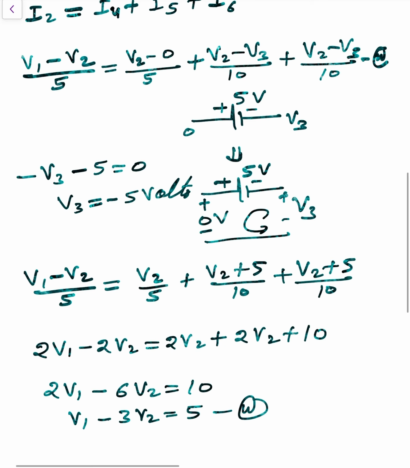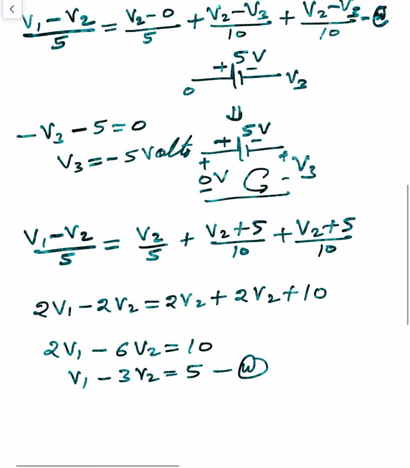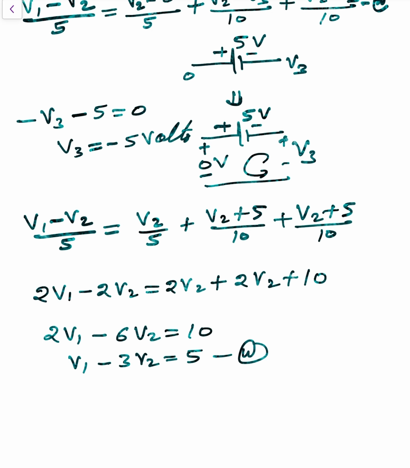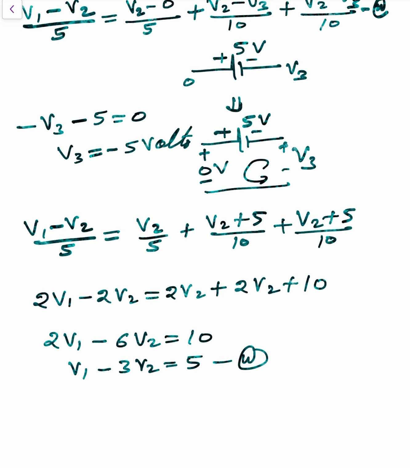So if you solve equation number 1 also, from V1 minus V2 divided by 5, this will be equal to V2 divided by 5, put V3 equal to minus 5, so V2 plus 5 divided by how much? 10.